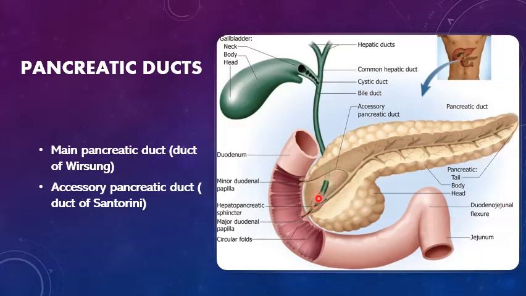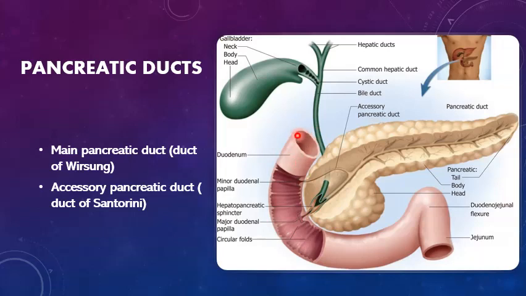See here, this green thing is the bile duct. So here the main duct reaches the posteromedial wall of the duodenum, and it is joined by the bile duct. Both these ducts pierce the duodenal wall separately and later unite to form the ampulla of Vater, and this ampulla of Vater opens onto the major duodenal papilla about 8 to 10 centimeters distal to the pylorus.